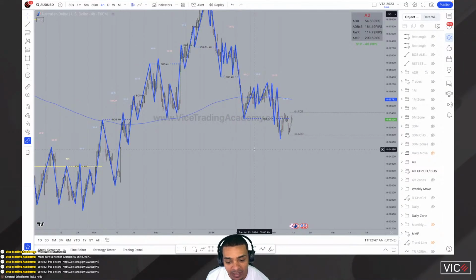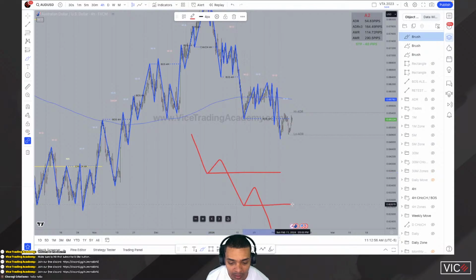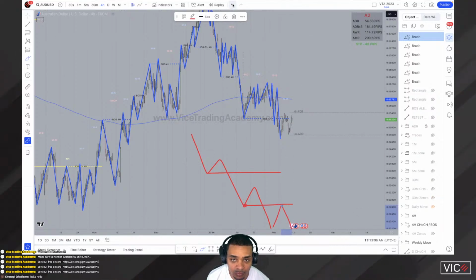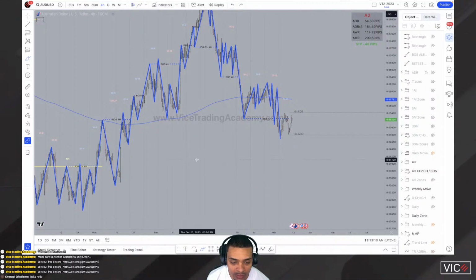The pullback, sometimes, right? This is what we get taught in all market analysis, that price will pull back. And there's times where price will pull back and retest where it actually broke from before continuation, right? So there's different types of pullbacks when you're looking at market structure, right? And I'll go over them real quick for all you new guys, right?